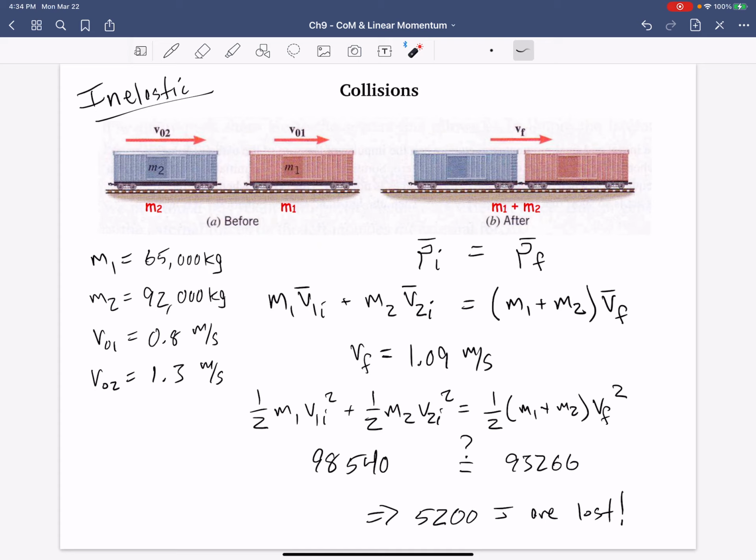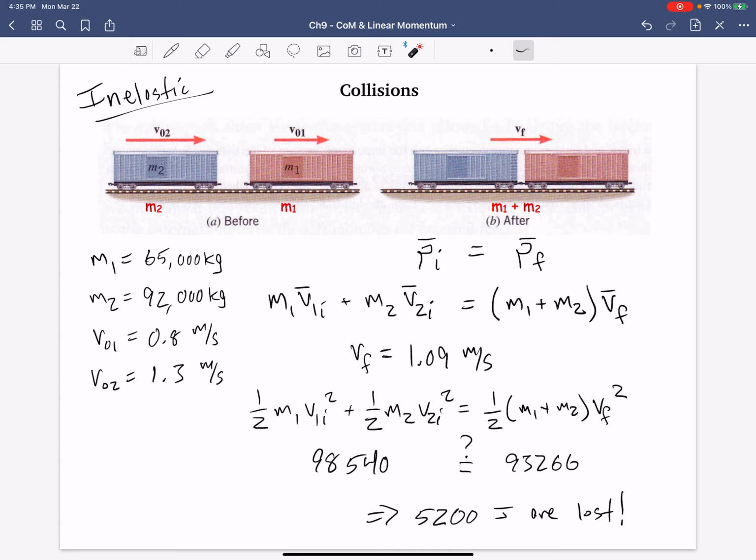It's really in the minutia of the connection, right? But when objects stick together, whether they're two train cars, whether they're, I don't know, a ball of peanut butter and your brother's face, I don't know, whatever they are, kinetic energy is not conserved. Okay, it's just not.